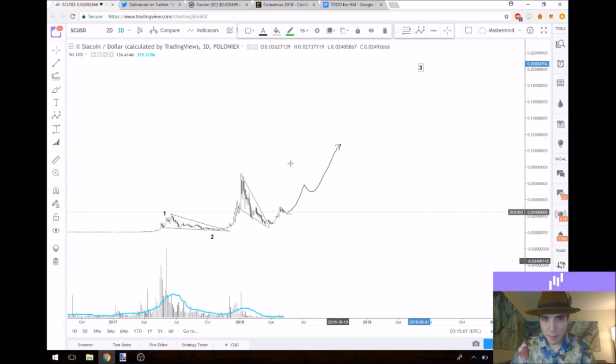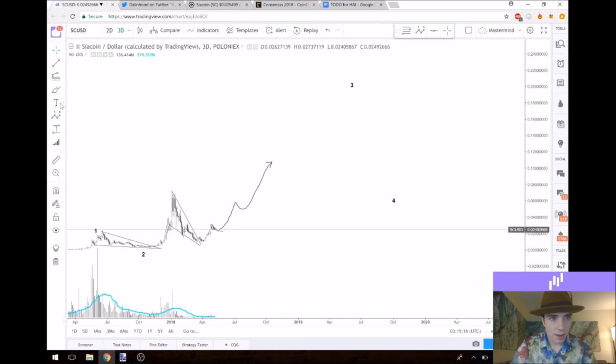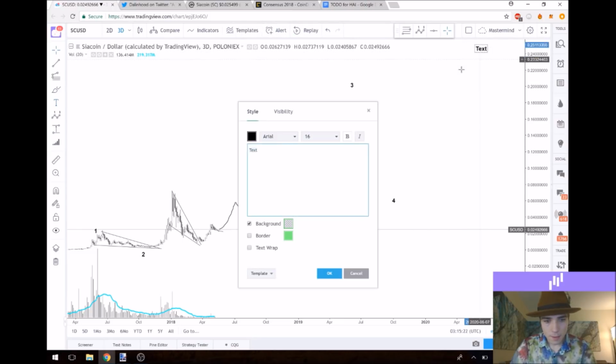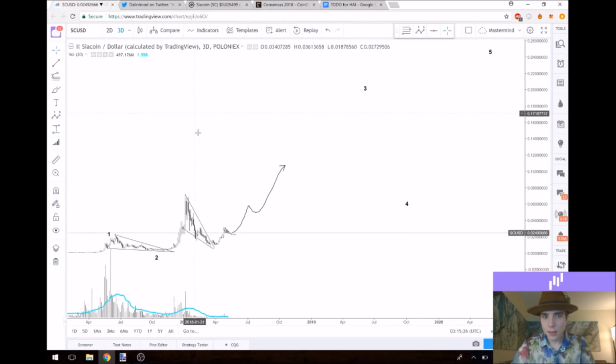Now that we labeled the subwaves inside of the 3, put the 4 back down here. And let's drop the 5 up to new all-time high. Perfect. So that's how you count the waves on the way out.